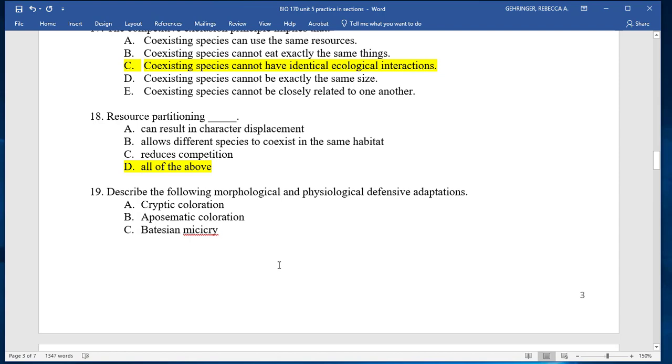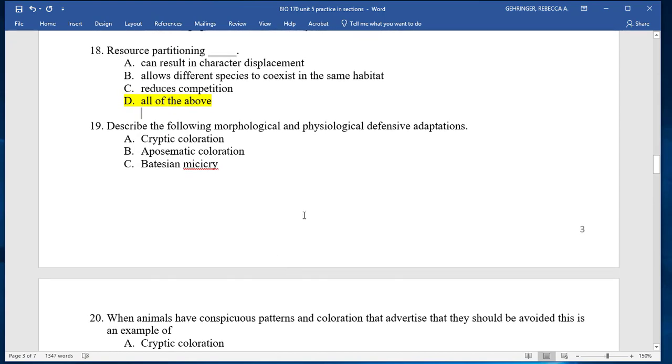So then, describe the following morphological and physiological defensive adaptations. What's cryptic coloration? That's just camouflage. So organisms blend into their environment. Then aposematic coloration, that is warning coloration.